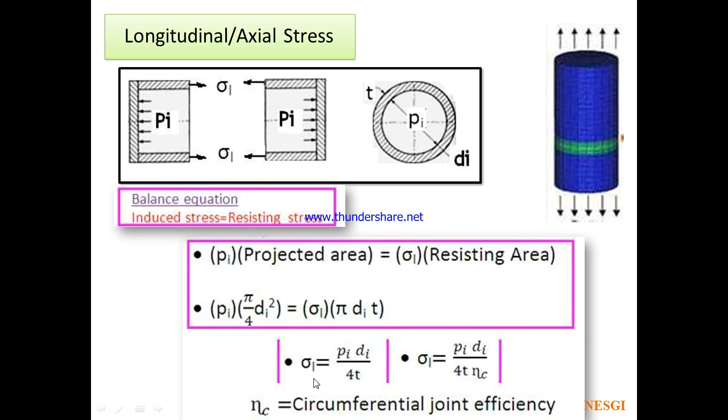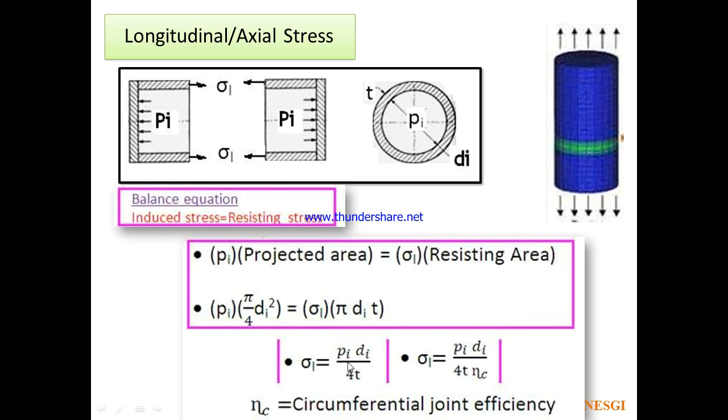If you simplify, you will get sigma L equal to Pi into Di by 4T into eta c. Eta suffix c is the circumferential joint efficiency. If nothing is given, you can take eta c equal to 1. This is the formula we are going to use to find the longitudinal stress induced in thin cylinders.